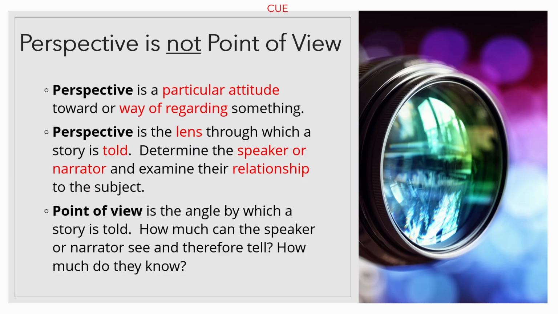Third person point of view, he, she, him, or her pronouns. Identifying the point of view is quite easy because all we have to do is look at the pronouns. But identifying the perspective is a little bit more challenging. You have to really describe and identify who the narrator is, who is telling this story.